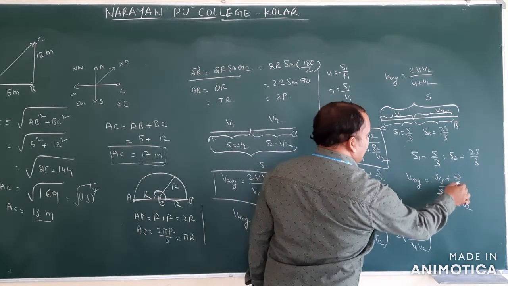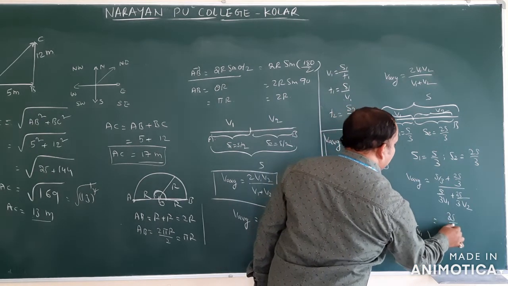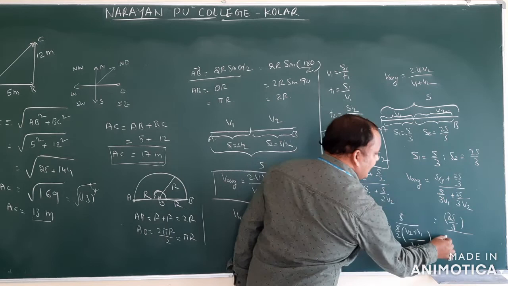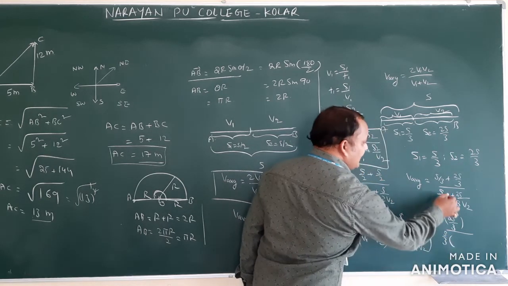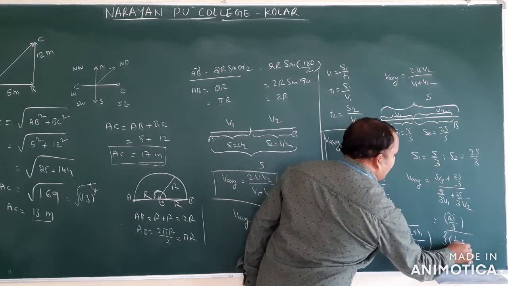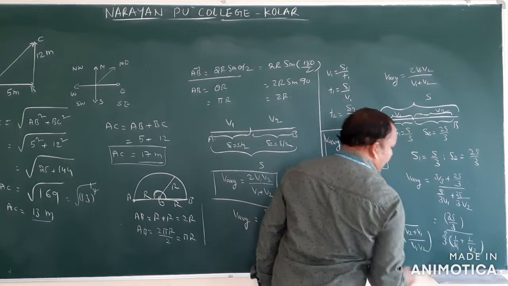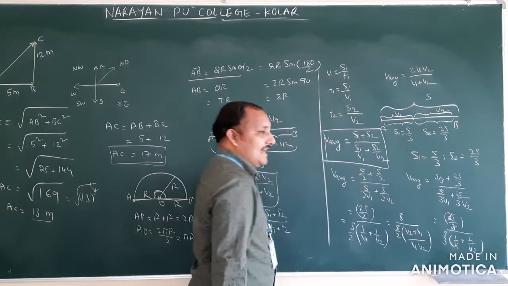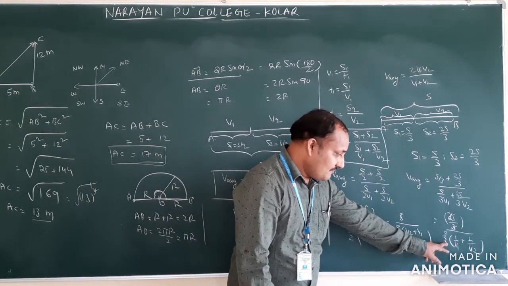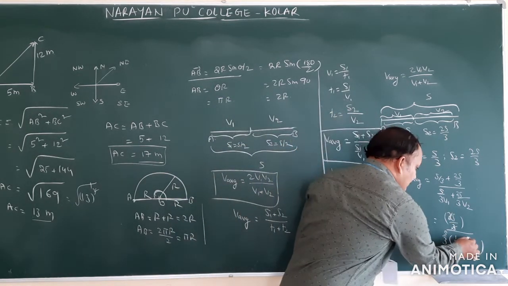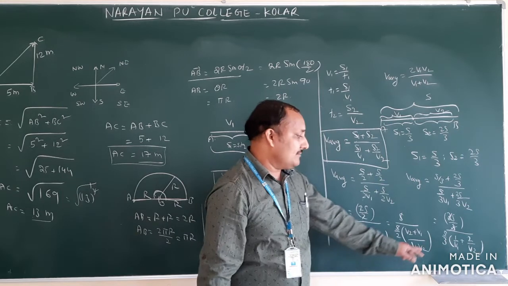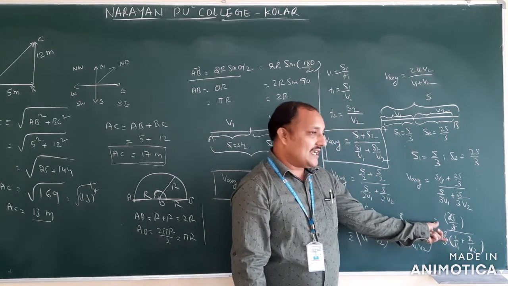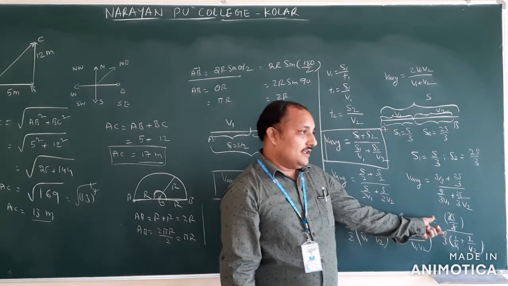S by 3 plus 2s by 3, that is nothing but 3s by 3, divided by, what is common here? S by 3 is common. 1 by v1 plus 2 by v2. Okay, 3 will be cancelled. We will be getting 3 v1 v2 by, here we have to take LCM, v2 plus 2 v1 you will get. Once you can try to calculate this one, we will do the third one.